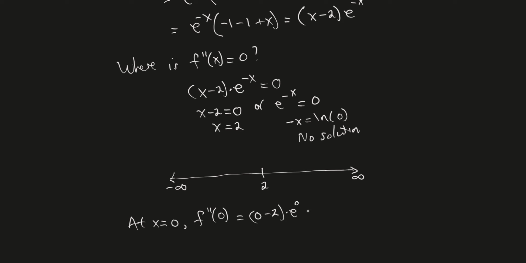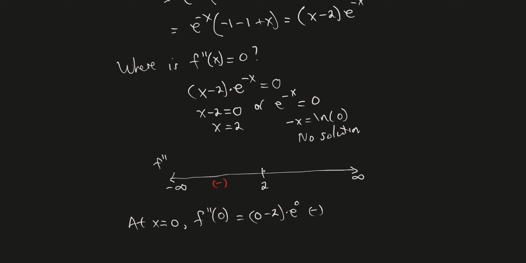Well, this is a negative number, so I get something negative. So what that means is, in this interval, my second derivative is negative, right? Again, let me label this number line so we are clear that we're now talking about the second derivative of our original function, and that second derivative is negative between negative infinity and positive 2.